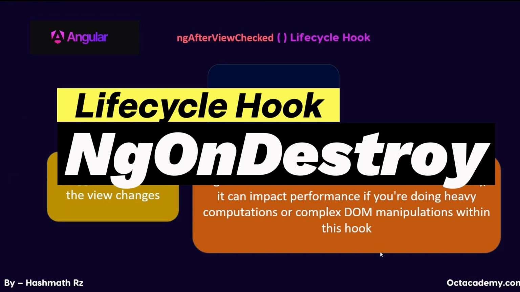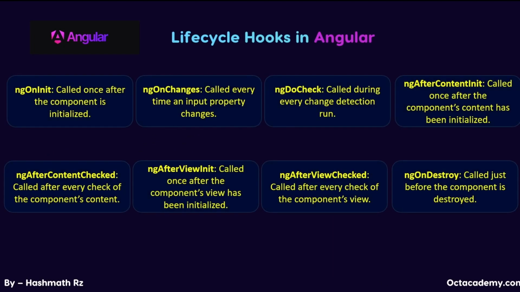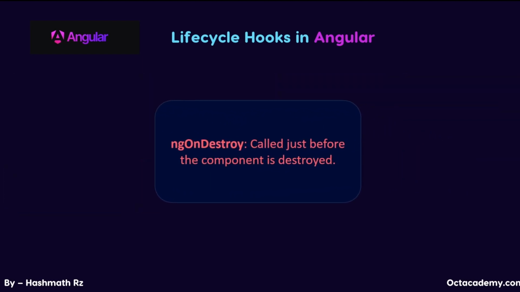Alright guys, we have covered a lot of the lifecycle hooks so far, but now it's time to talk about the last Angular lifecycle hook in our list, which is NgOnDestroy. So guys, what exactly is NgOnDestroy? This lifecycle hook is the last one that Angular calls before your component is destroyed.